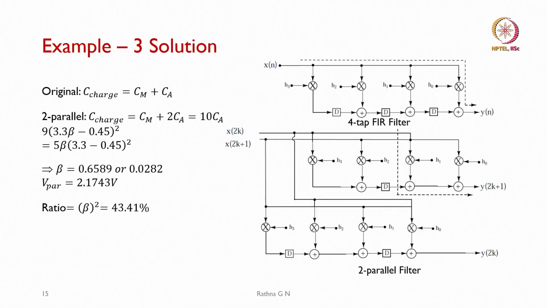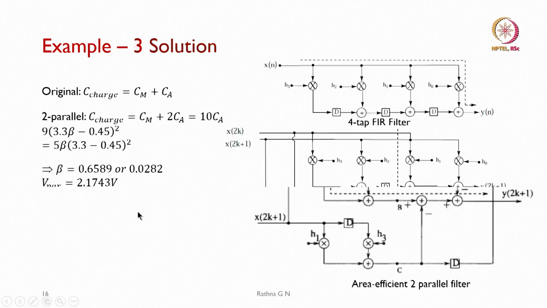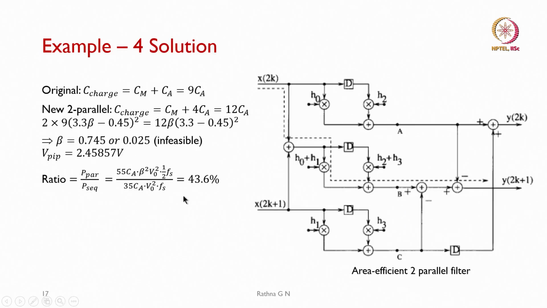So, in the previous case you have saved 43.41, here you are saving 43.6% with area efficient, because I have reduced my adders and multipliers by introducing the delay in a proper way. So, please look into this.